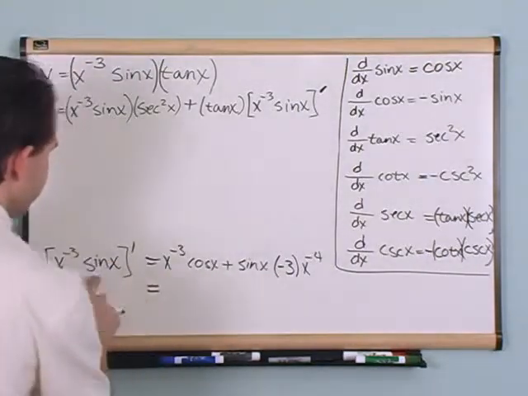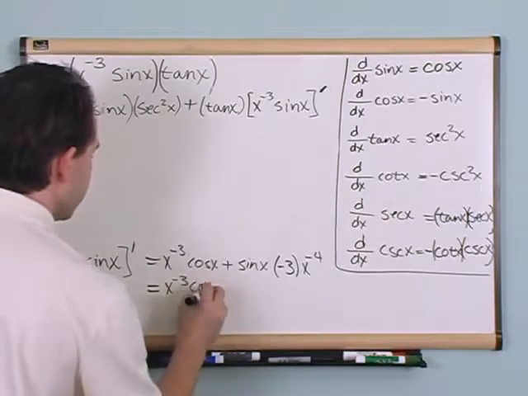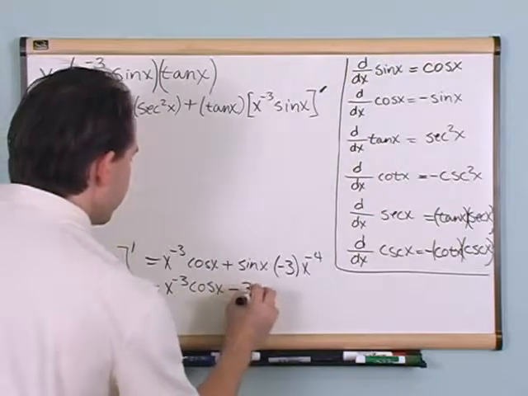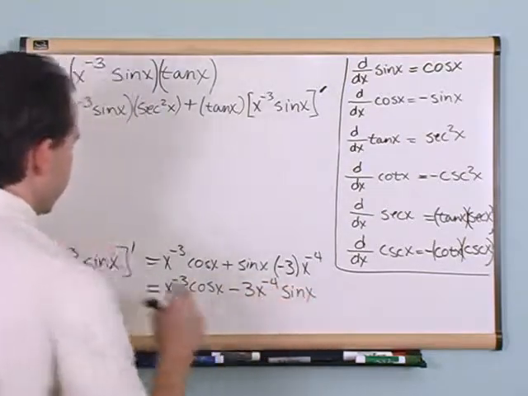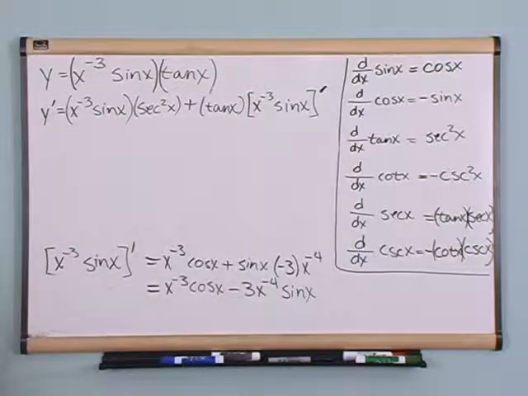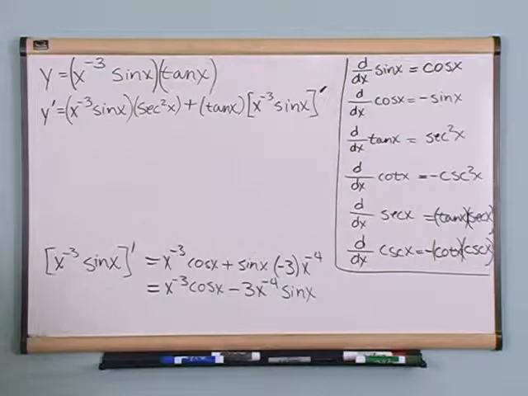So in the end, this term will be x to the minus 3 times cosine of x minus 3x to the minus 4 times sine of x. Okay? Which will give you basically this term right down there.